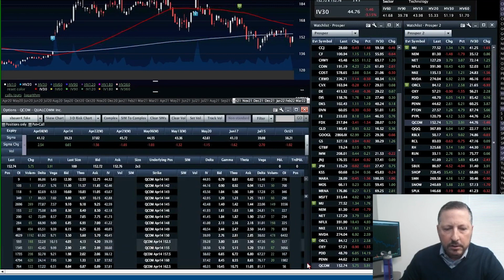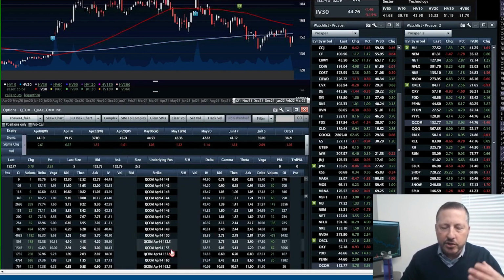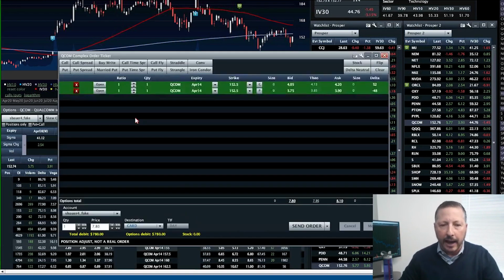So we look to see the expected move, which is the first thing we always want to do, because we always want to get a target for our short strike. If we look at the straddle, adding together the call and the put option of the at-the-money strike at the expiration we're looking at, we see that it's about $8.